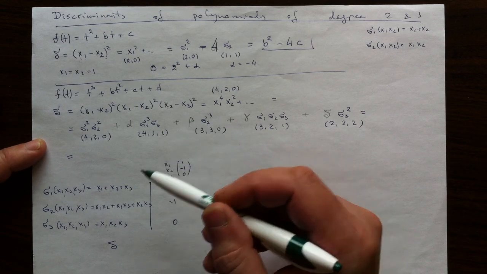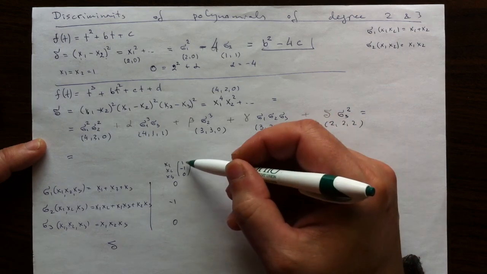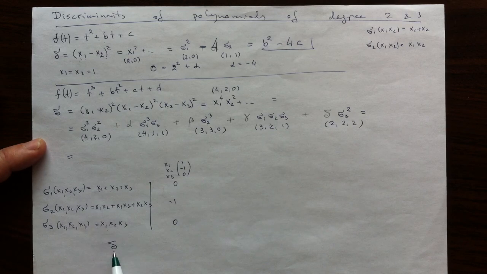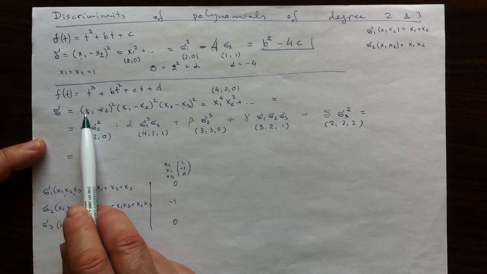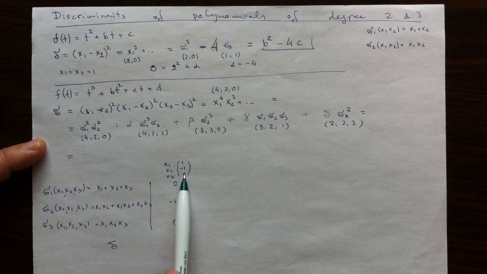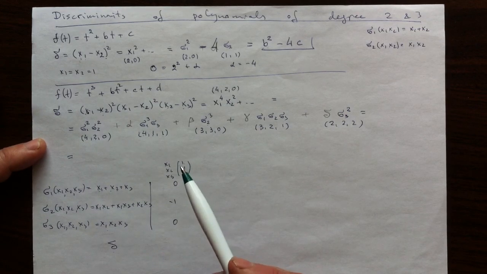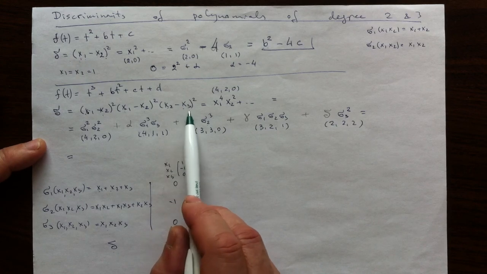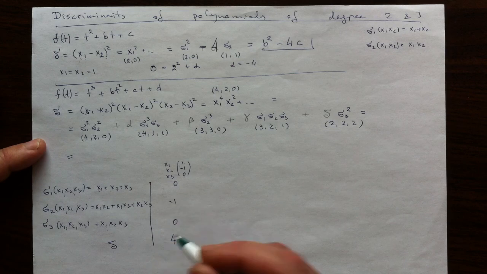So I'll have to take 1 without -1 squared. That gives me 4 already, but then 1 without 0 gives me 1, and then negative 1 without 0 gives me still 1. So all in all I have 4.